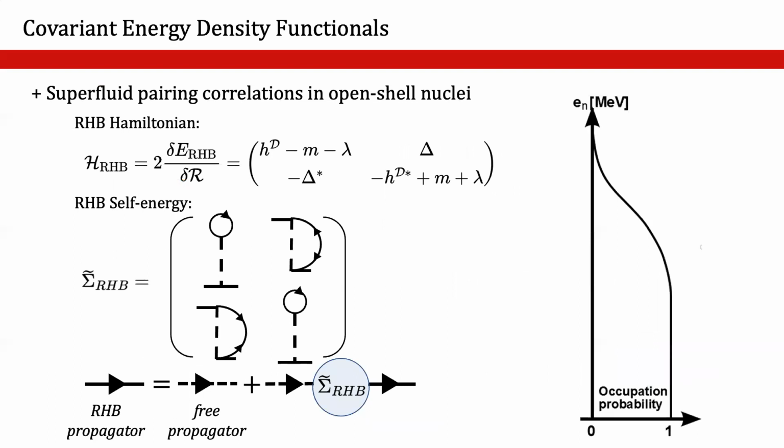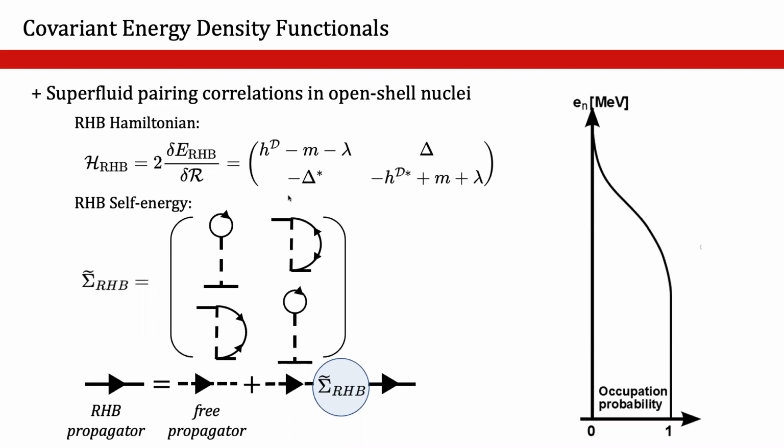After we build the relativistic mean field, we can consider the superfluid pairing correlation in open-shell nuclei. The pairing correlations are due to the short-range part of the nuclear interaction and play an important role in open-shell nuclei. In this work, we use the Bogoliubov transformation to include the pairing correlations.